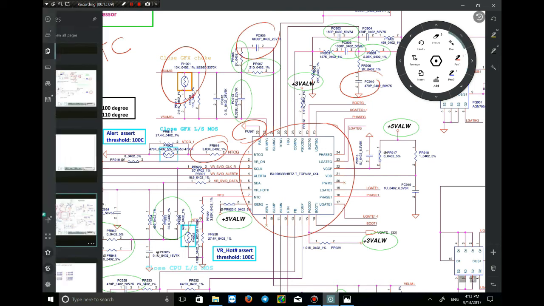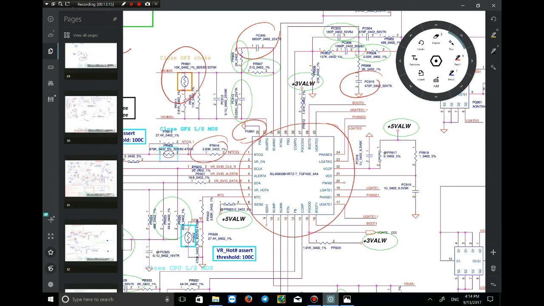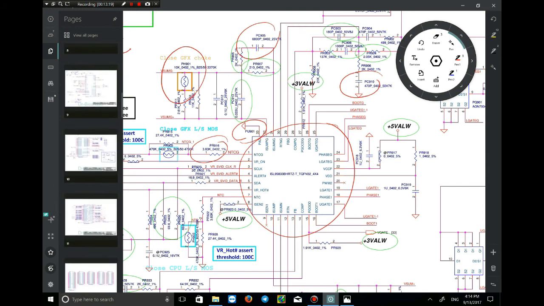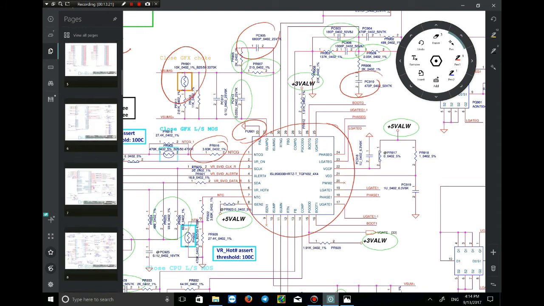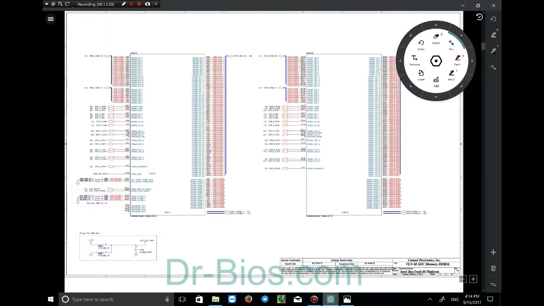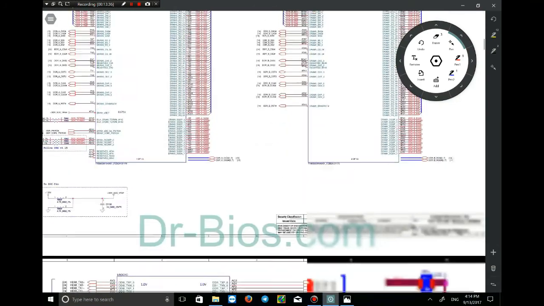And now I'll show you the last code, which is code over 1000 on the first pages of the schematic. As you can see, it's on pages 5 to 12. All the components that are related to the CPU have codes over 1000.